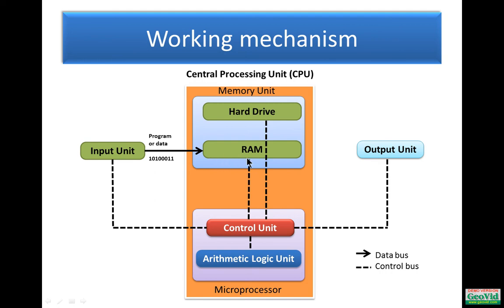RAM is also called the working memory or main memory of the computer, because it is very active whenever the computer is working. Whenever the input unit gives input in the form of binary codes, RAM receives it according to the instruction given by the control unit, and stores it.